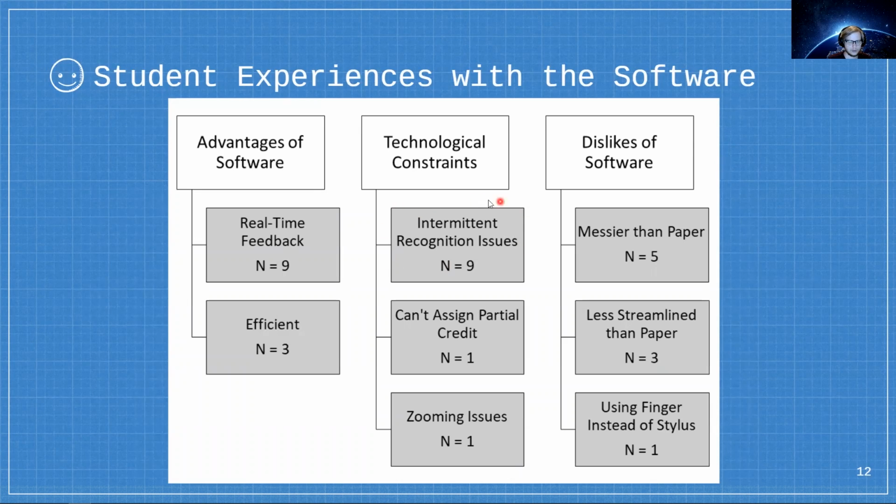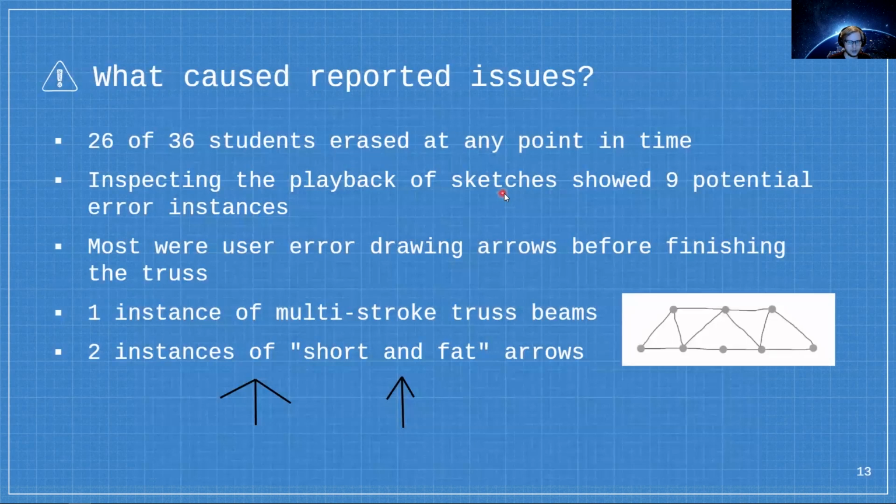With that complaint in mind, we investigated what caused some of those issues. We looked at any time when a student had to erase a part of their sketch as a potential spot where an error may have occurred. Of those, there were only about 9 potential spots.